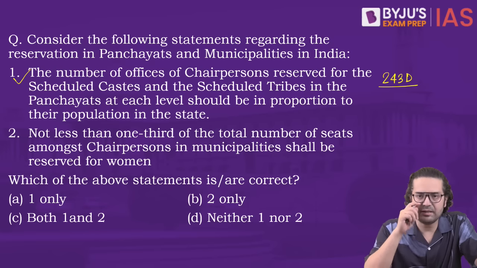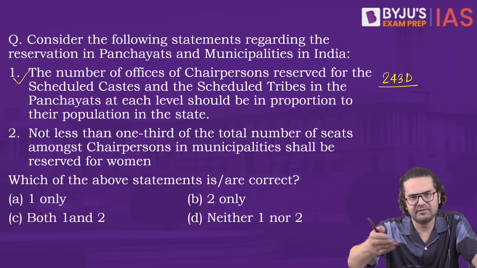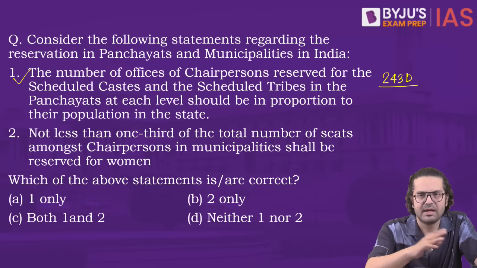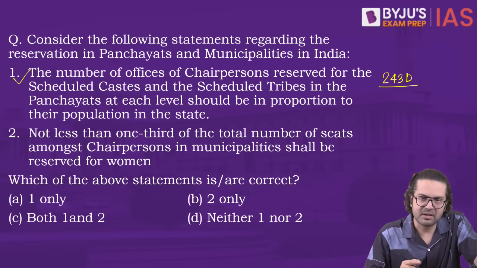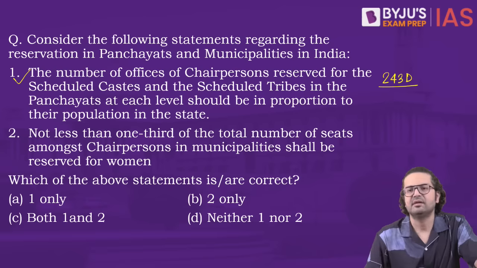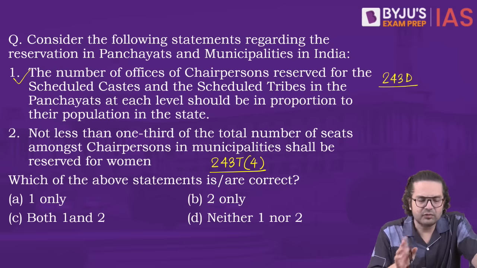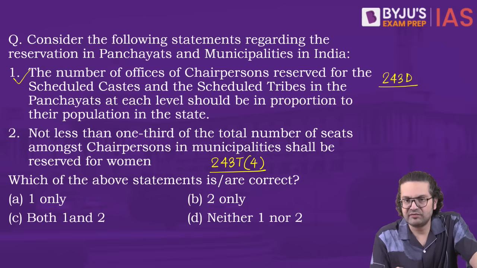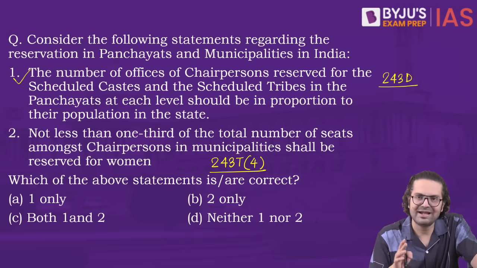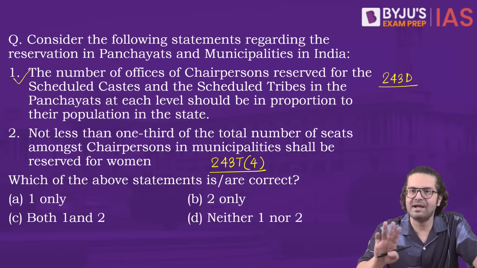So in the municipalities, amongst members, reservation for SCs, STs and women is the same based on population and based on 1/3 at least. But amongst chairpersons, there is no criteria set. In fact, there is the article 243 capital T if I'm not wrong, clause 4, which says that what is going to be the number of seats to be reserved amongst chairpersons, that will be decided in such a manner as the state legislature may by law provide.